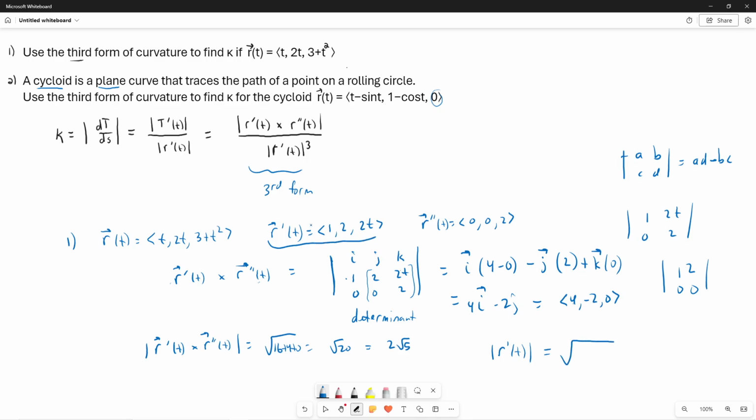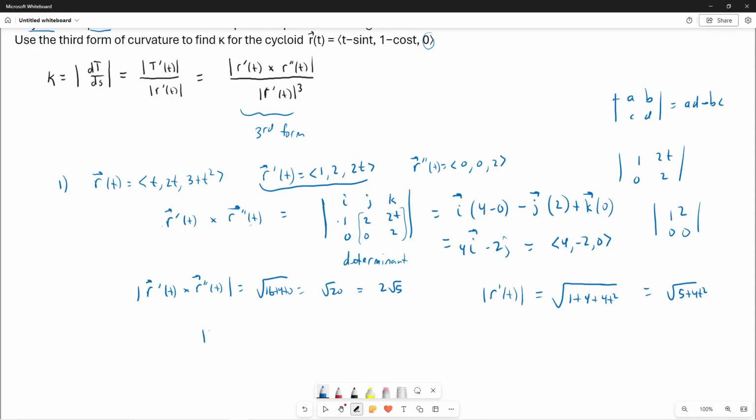The magnitude is the square root of 1 squared plus 2 squared plus 2t quantity squared, which is 4t squared. And that's the square root of 5 plus 4t squared. And therefore, in this first problem, kappa, the curvature, is the numerator, which was 2 root 5, and the denominator is the cube of this guy.